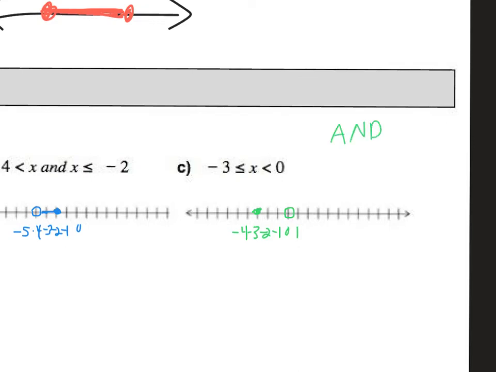We can rewrite this if we wanted to. We could say x is greater than or equal to -3 and x has to be less than 0. So when our x is in the middle with no words on this situation, this also indicates an and situation. So we're connecting again in the middle of these two dots.